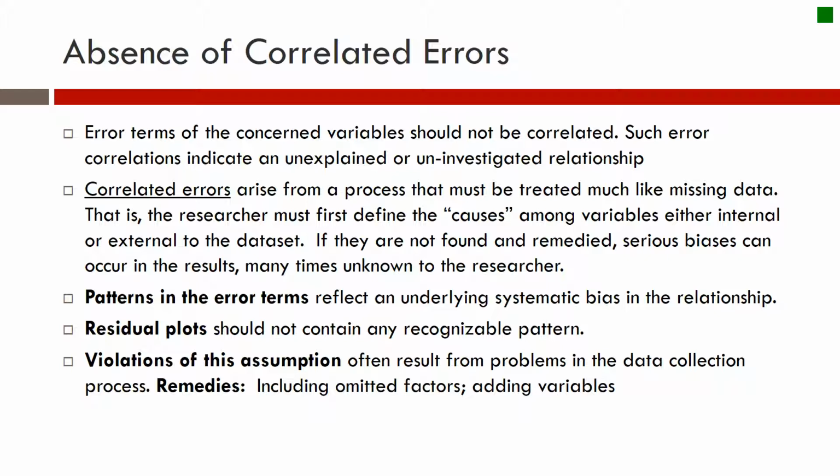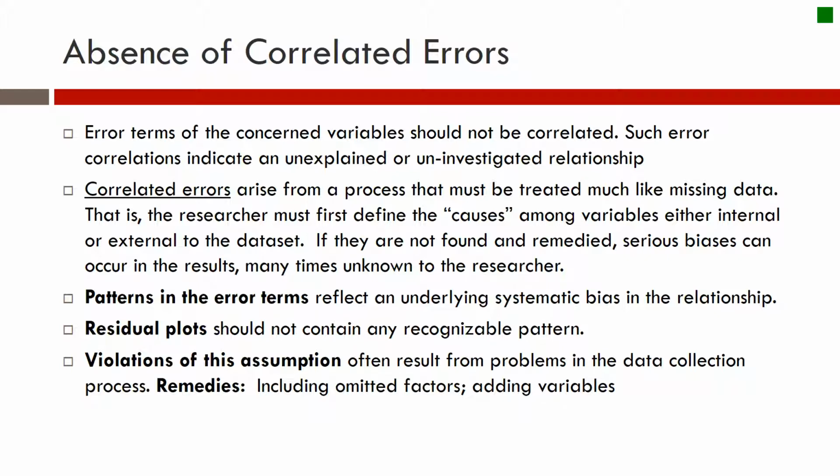When it exists, it suggests that there's some unexplained relationship that's happening that we need to account for. So correlated errors arise from a process that must be treated like missing data might actually be. That is, the researcher must first define the causes among variables that might be relating to the two, and we might need to identify what is the result of this data correlation, and then we try to account for it.